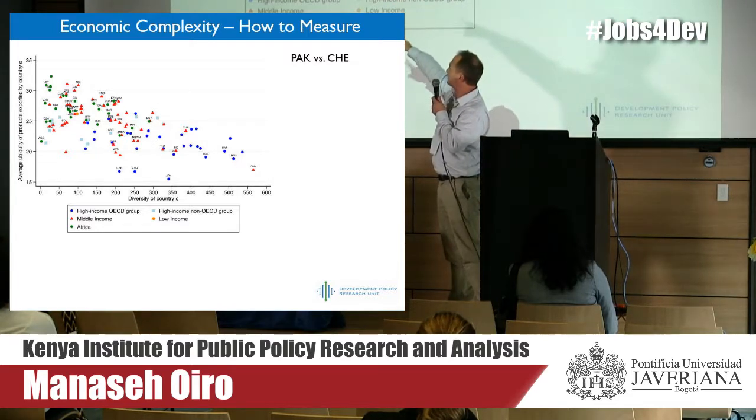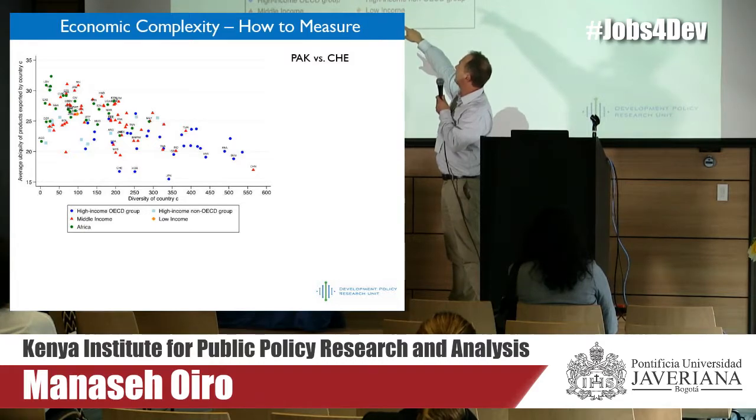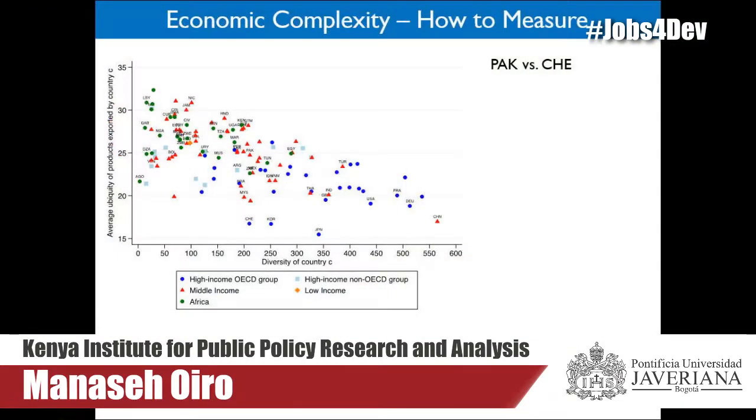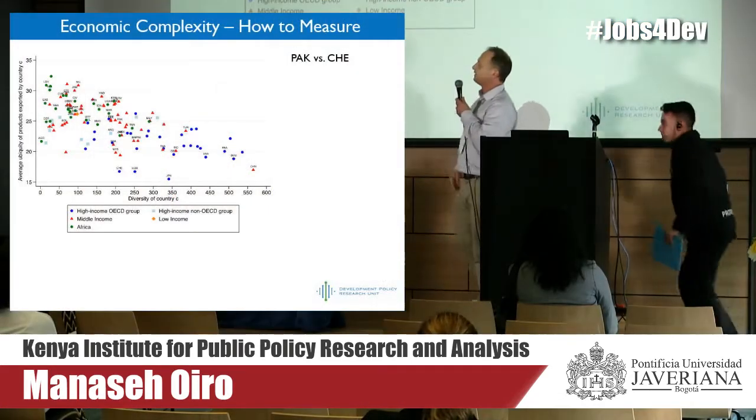If you take 200 and you go up, there's CHE, that's Switzerland. And if you go a little further, you'd see Pakistan a little further up. So their diversity is the same, but the average ubiquity of what they produce is very different. The average ubiquity of the products that Switzerland produce is much lower than that of Pakistan. So you correct.